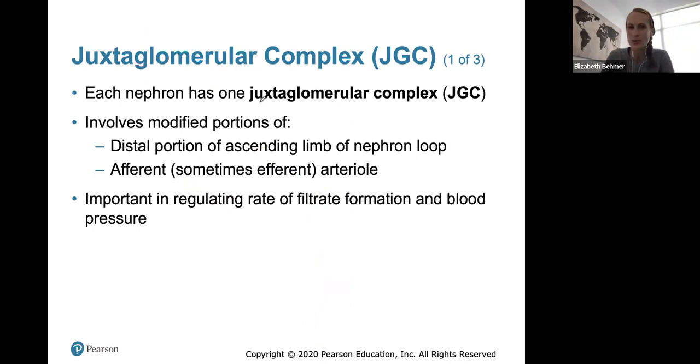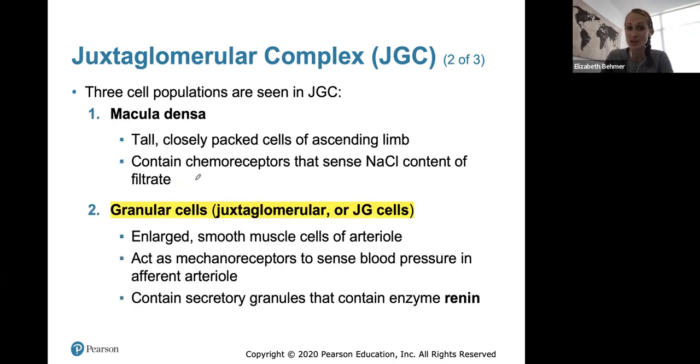Each nephron has what we call a juxtaglomerular complex. It involves modified portions of the distal portion of your ascending limb of the nephron loop and the afferent arteriole, and this JGC is important in regulating the rate of filtrate formation and blood pressure. There are three cell populations in this juxtaglomerular complex. We have the macula densa cells, which contain chemoreceptors that sense the sodium, the salt content, of the filtrate.